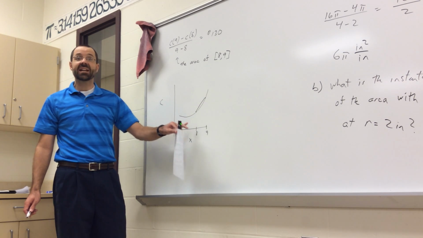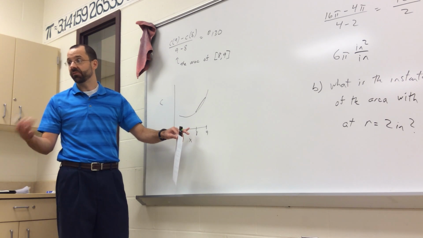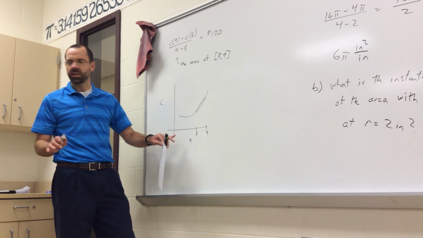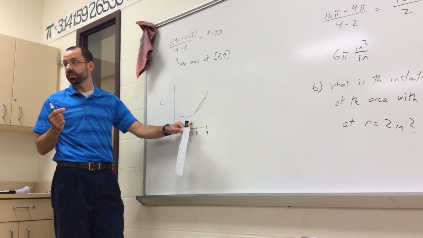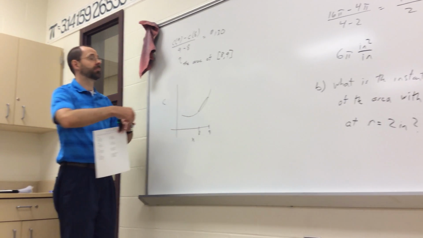And that's the exact cost for finding the radiator number 9, for making radiator number 9. So this is a different scenario. In this situation, the slope of this line is exactly what we want. It is the exact cost to produce radiator number 9.